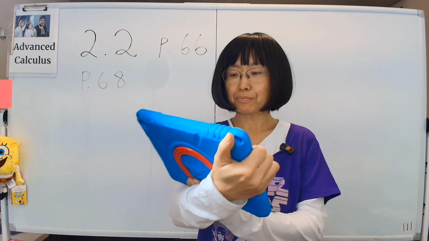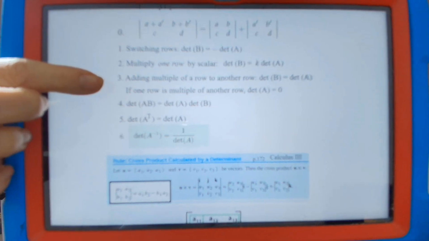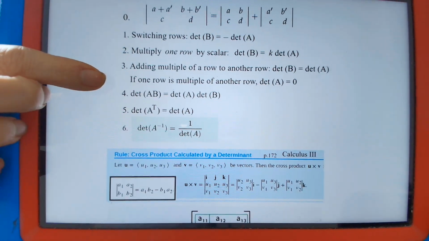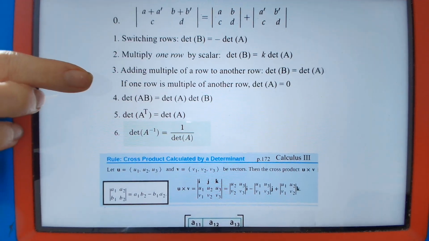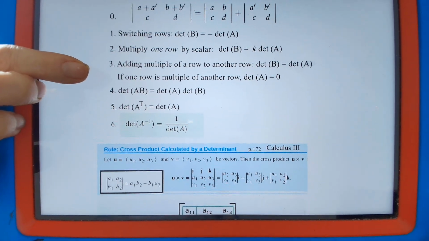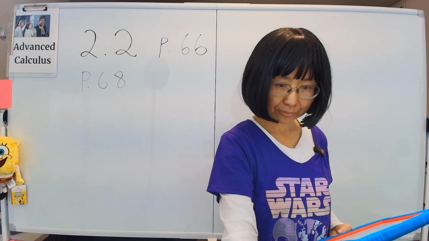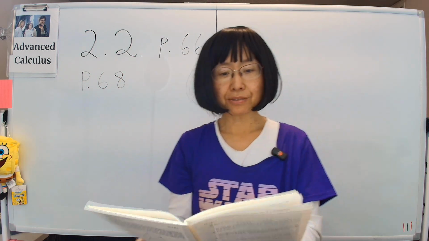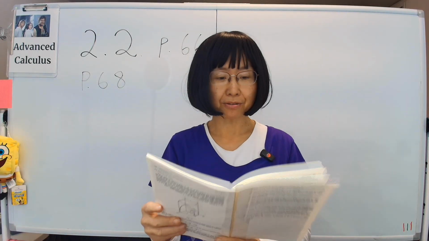And remember this rule from the determinant, rule 3, which says that if one row is a multiple of another row, especially if it's a multiple of 1, that is they're the same, then the determinant will be 0. That is one of the old rules. And so as a result, r cross s is perpendicular to both r and s.